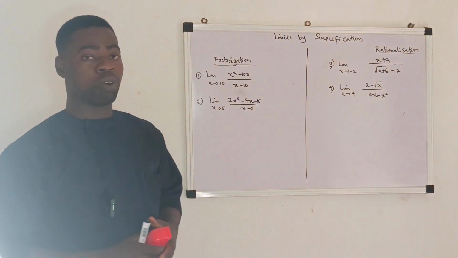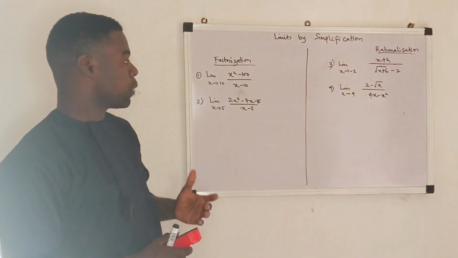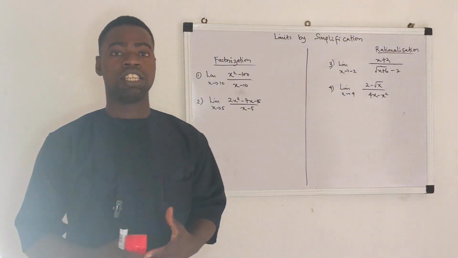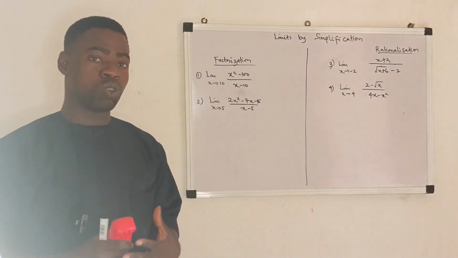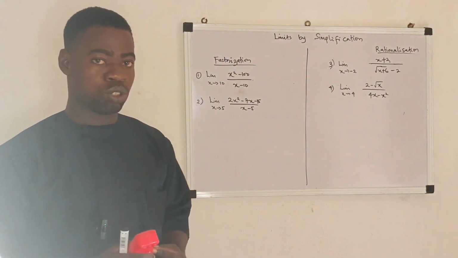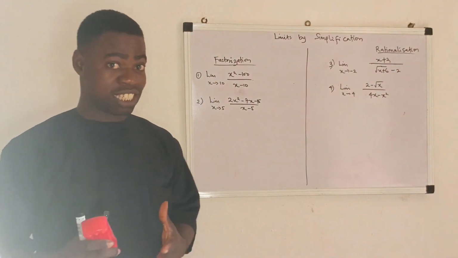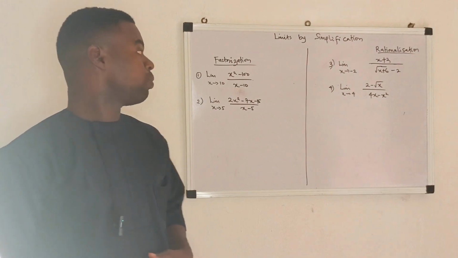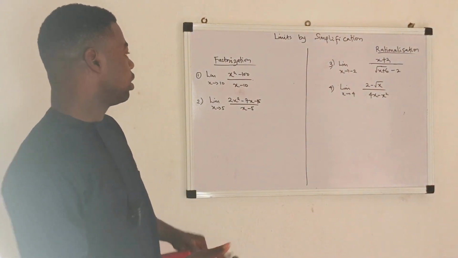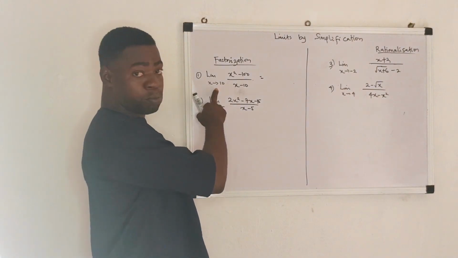For question number 1, we have the limit as x approaches 10 of x squared minus 100 divided by x minus 10. Remember, your first resort to evaluate any limit is direct substitution. We just plug it in and see the outcome, and then decide the method to use from there. So for x we put 10, because x approaches 10.